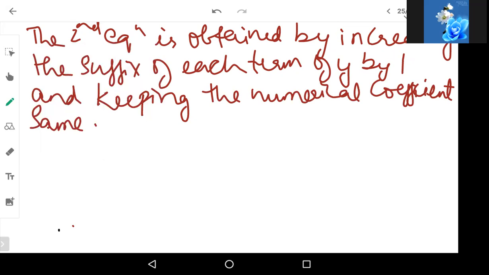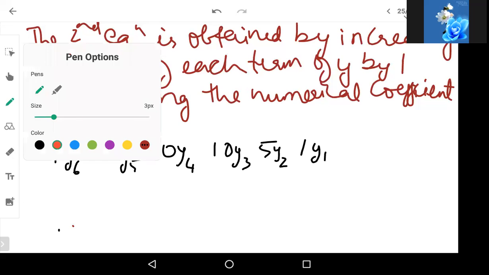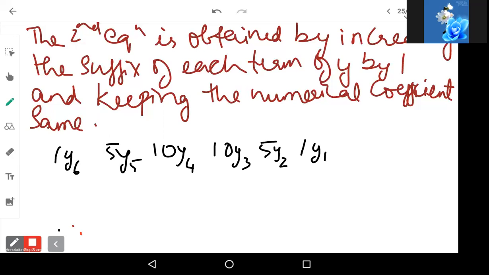Which means you will have 1, 5, 10, 10, 5, 1, but instead of y0, we'll start from y1: y1, y2, y3, y4, y5 and y6. Put the signs plus, minus, plus, minus, plus, minus, and then equals 0.